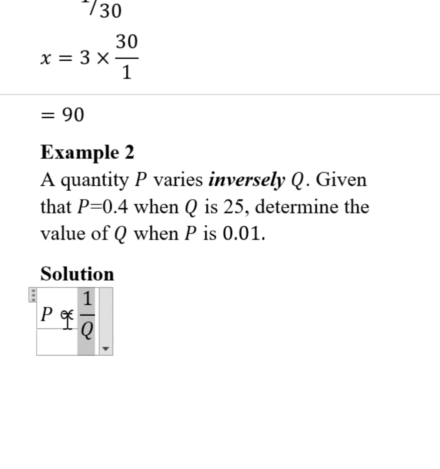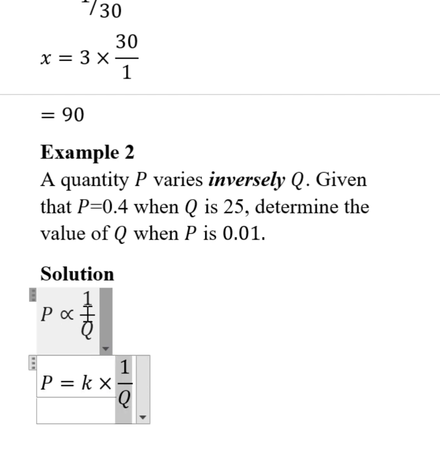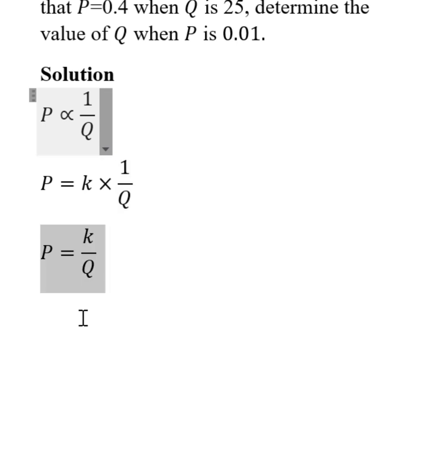The next thing is to come up with an equal sign here, and we introduce a constant of proportionality, so that will be p is equal to k times 1 over q, which you can simplify to p being equal to k over q, because k times 1 gives us k.